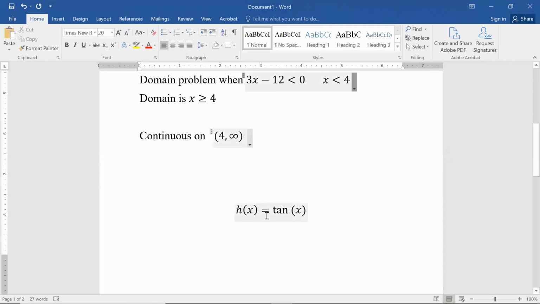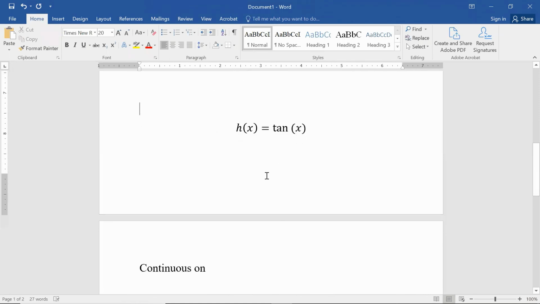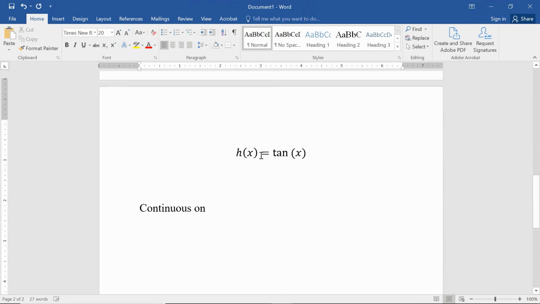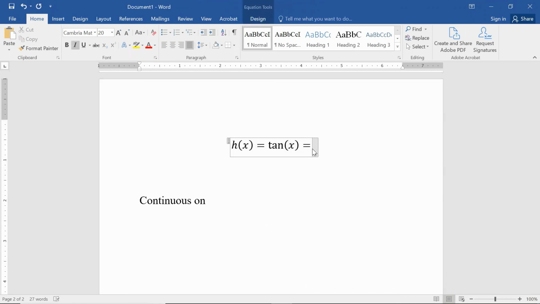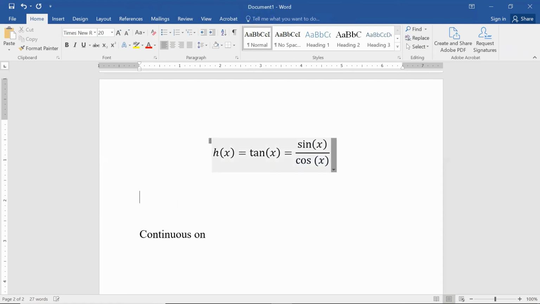Now, how about tangent? Well, when I think of tangent, I want to think of sine over cosine. So the domain is everywhere except for when the cosine is 0, because we don't want 0 in the denominator. Now, when is cosine x equals 0?